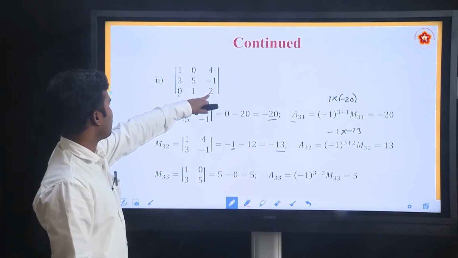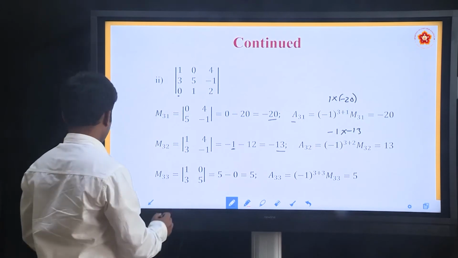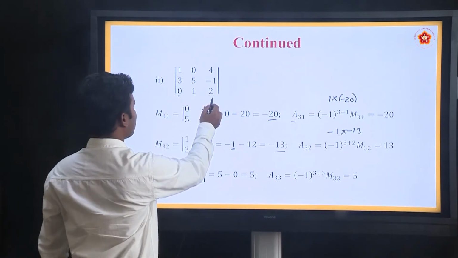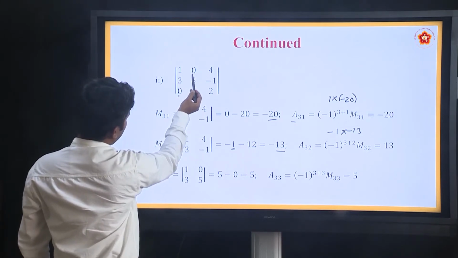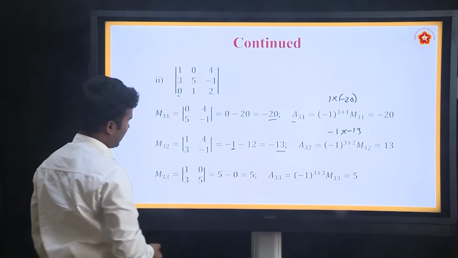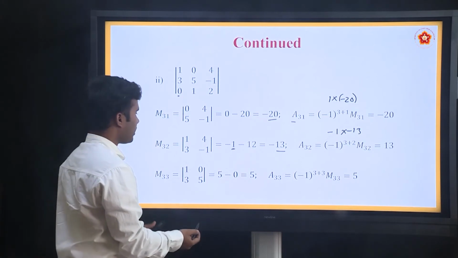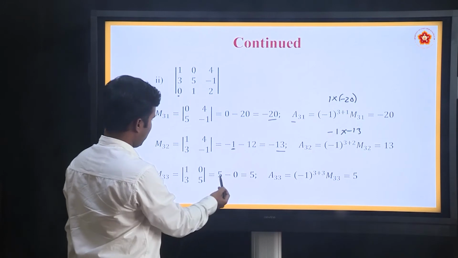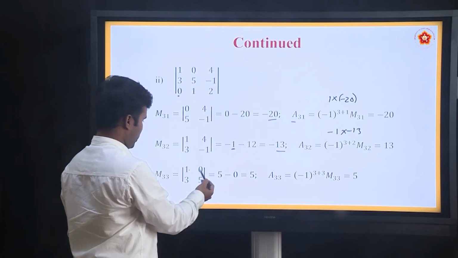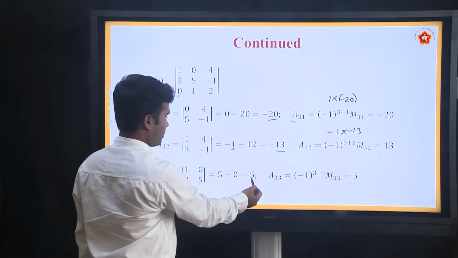So next we have to find the minor and cofactor of 2. How are we going to find that? You just delete the third row and third column and take the determinant of 1, 0, 3, 5. So 1 into 5 is 5, minus 0 into 3 is 0, so 5 minus 0 is 5.